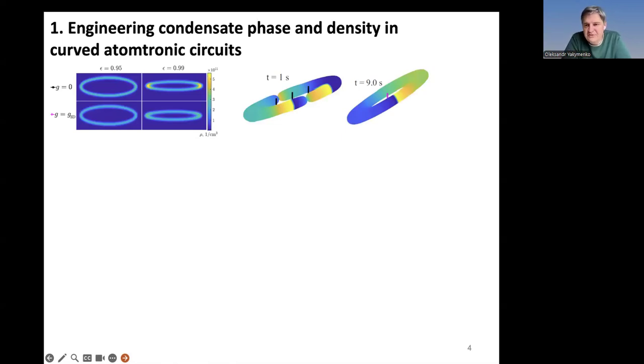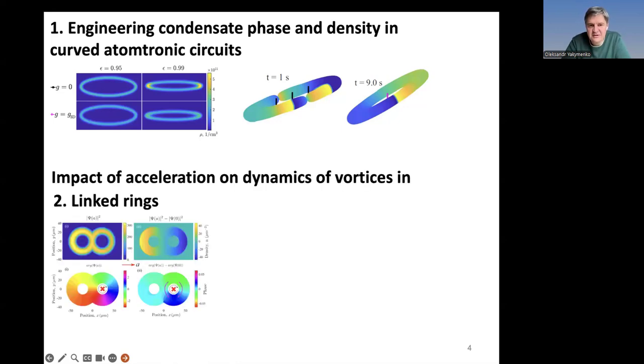I will describe how these atomtronic waveguides are affected by curvature, and why it's important, and what happens if you have curved waveguides, and due to the coherence, how it affects the density and phase of this coherent state.